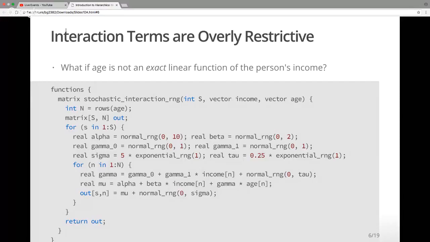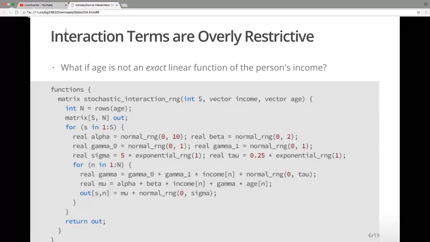Here I chose a prior on tau that is exponential with a mean of 0.25, which reflects a prior belief that the coefficient on age, gamma here, doesn't differ too much from one person to the next that have the same income. But they could easily differ by 0.5 or so.